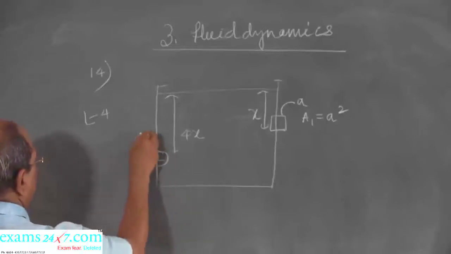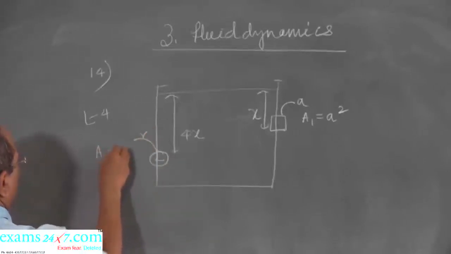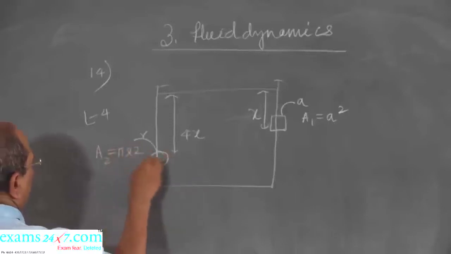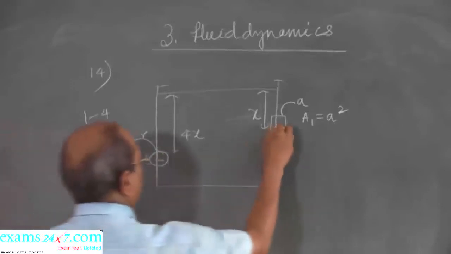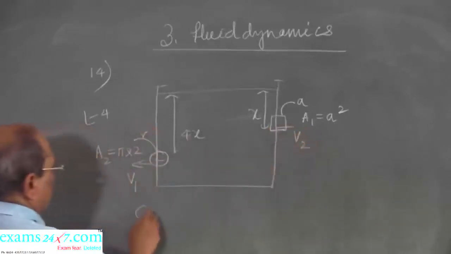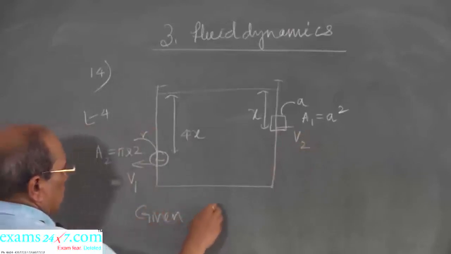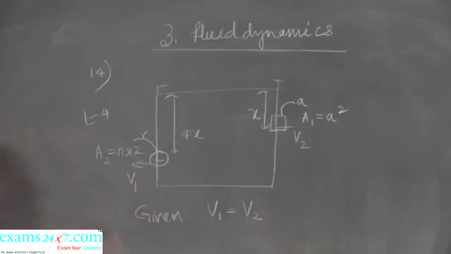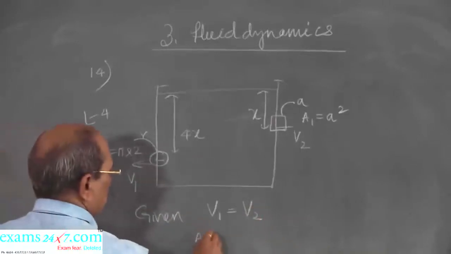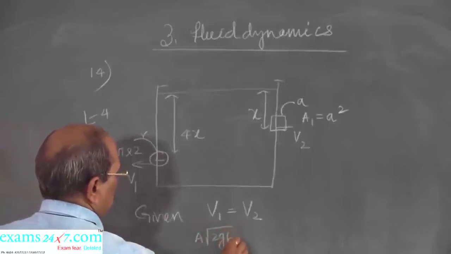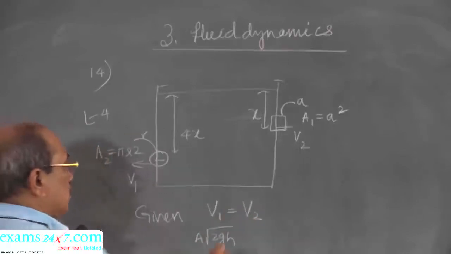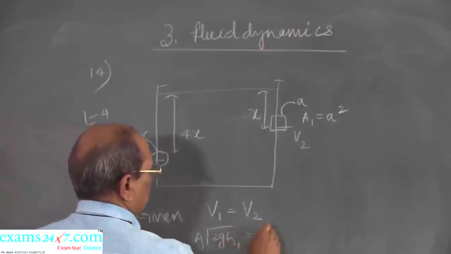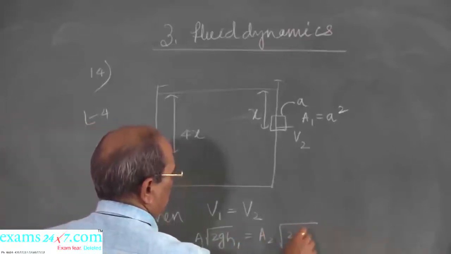If it has a radius r, area A2 is pi r square. What they have given is that the volume of liquid flowing out per second is the same. You know area into root 2gh gives you the volume, so A1 root 2gh1 equal to A2 into root of 2gh2.